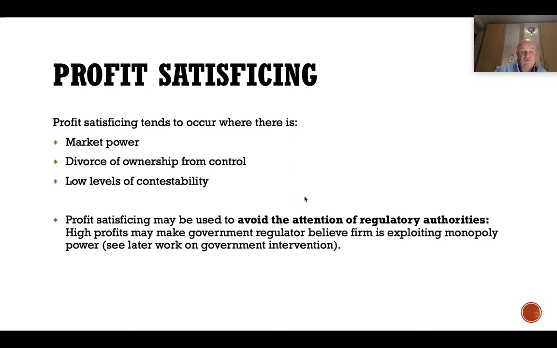Definitely the divorce between ownership and control, like we've described in the previous slides, could also cause profit satisficing to go on, and also where we have low levels of contestability within a market.